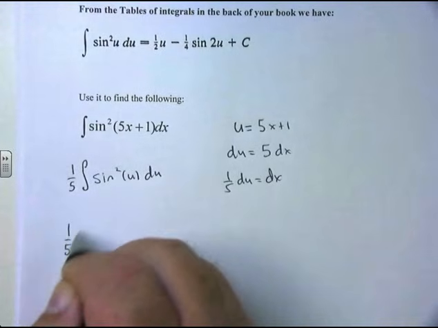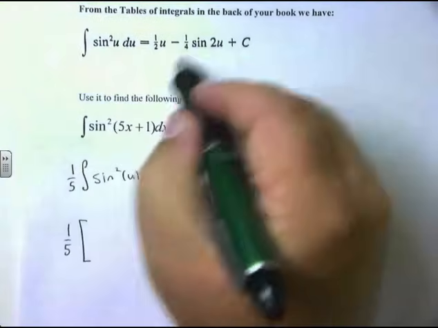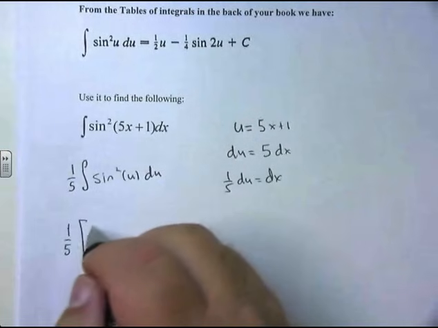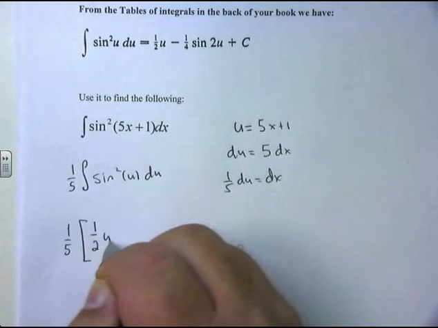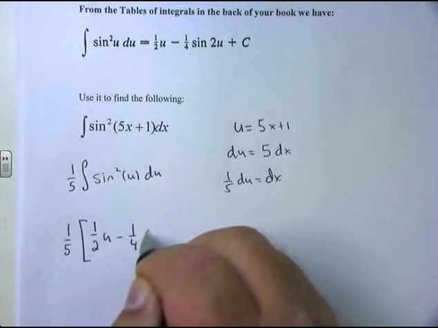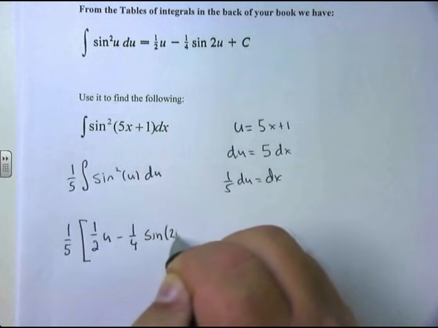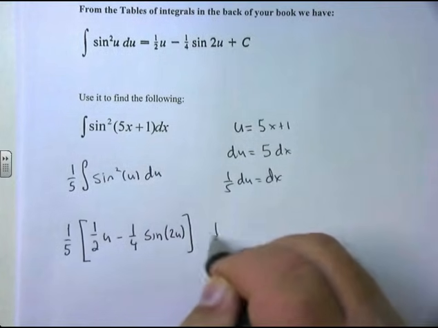Hold the constant out, put a big old bracket there, and then replace the integral with its equivalent formula: 1/2 u minus 1/4 the sine of 2u, and outside one big old plus c.